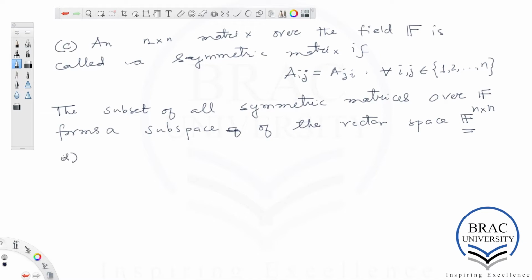Okay, now the fourth example is again related to matrices.